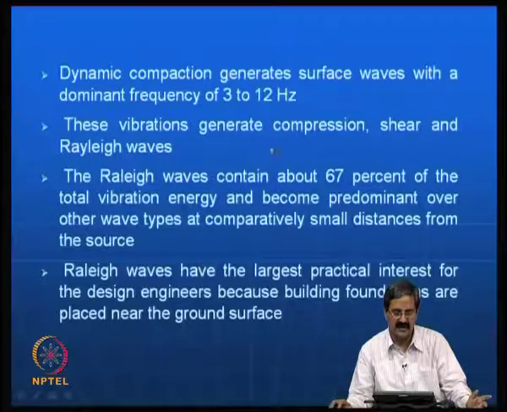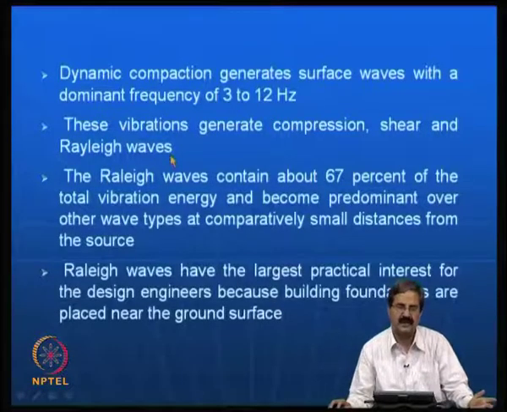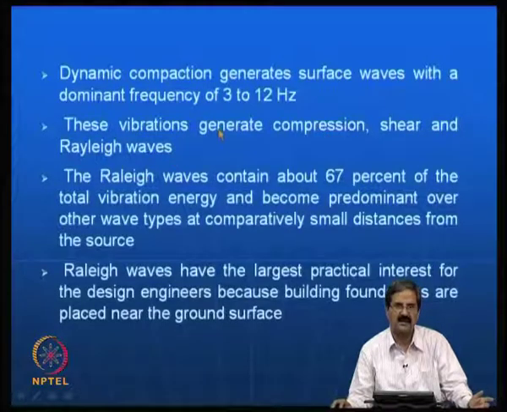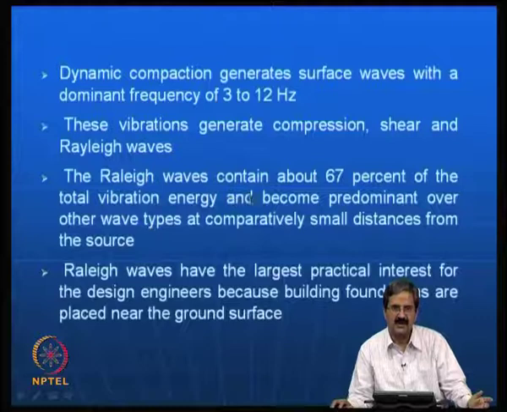So, these vibrations generate compression, shear and Rayleigh waves. As we know, any vibration induces these waves, P waves, S waves and R waves. Rayleigh waves contain 67% of the total vibration energy and become predominant over other types of waves at comparatively small distances from the source.